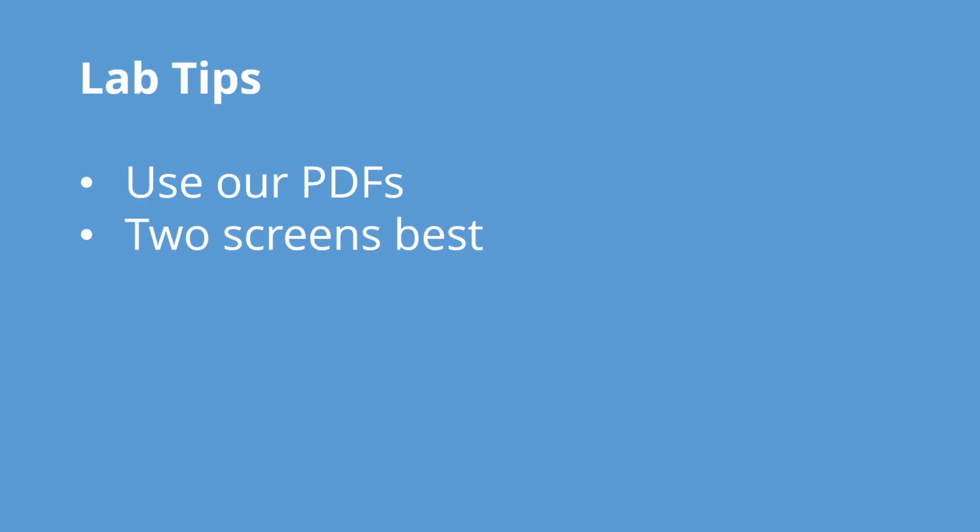And secondly, 2 screens is best. If you've got 2 monitors, excellent. Have your virtual machine or your browser or your desktop on one screen and have the PDF on the other screen. 2 screens are best for this. If you don't have 2 monitors, consider using an iPad or something like that, a tablet, so you can see the PDFs on that screen and work on just your normal screen.